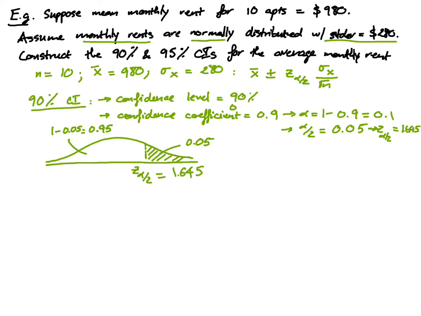The formula says that to calculate the confidence interval, we take x bar, which is 980, plus minus z sub alpha over 2, in this case 1.645, times sigma x, in this case 280, divided by the square root of the sample size, which is the square root of 10, okay?